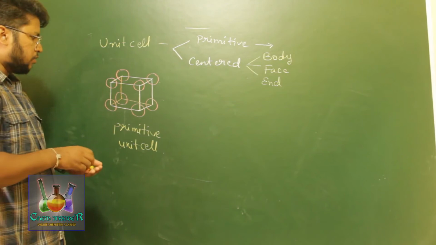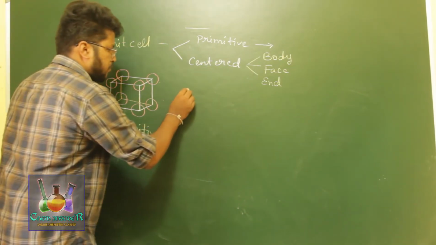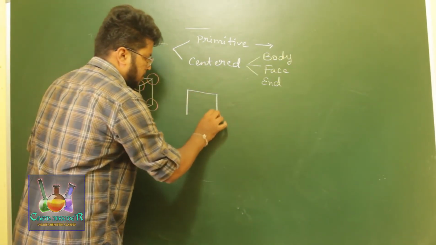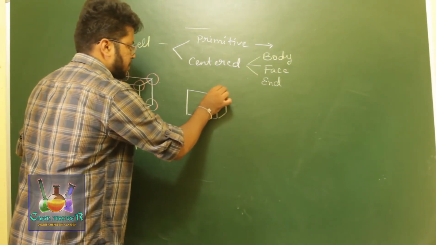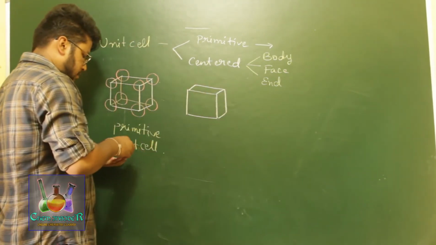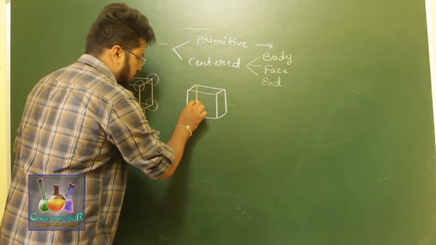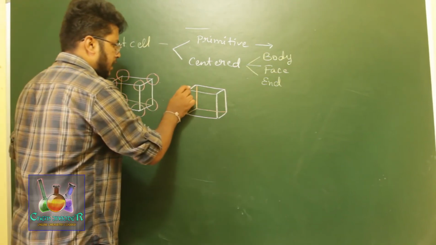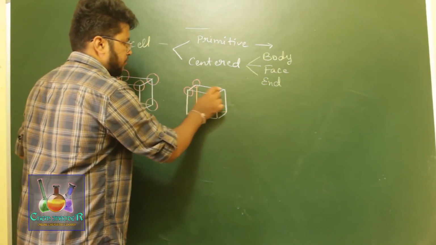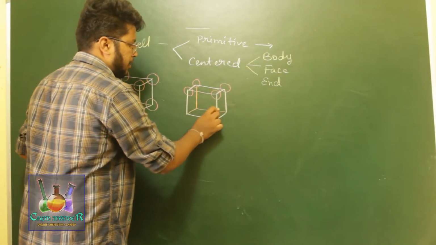Now for the structure of those three, first the body centered unit cell has 8 atoms present at the 8 corners of its unit cell and 1 atom exactly at its center.